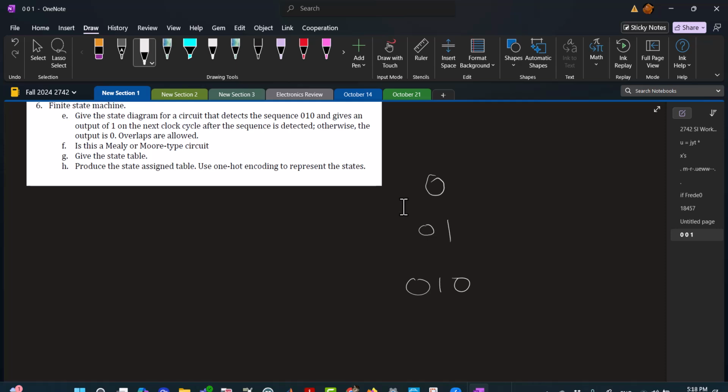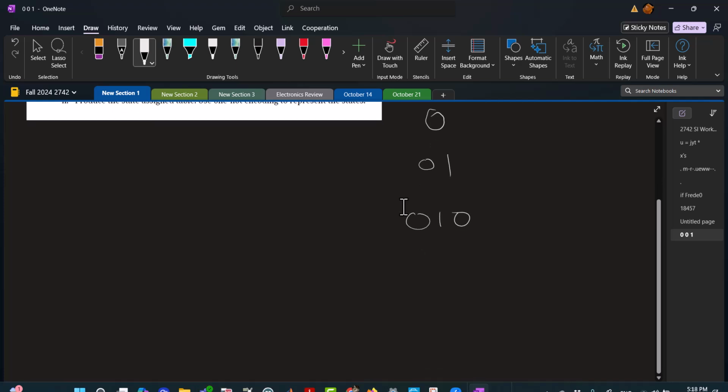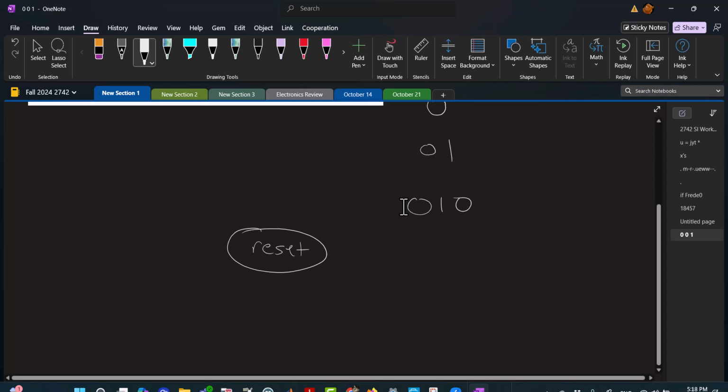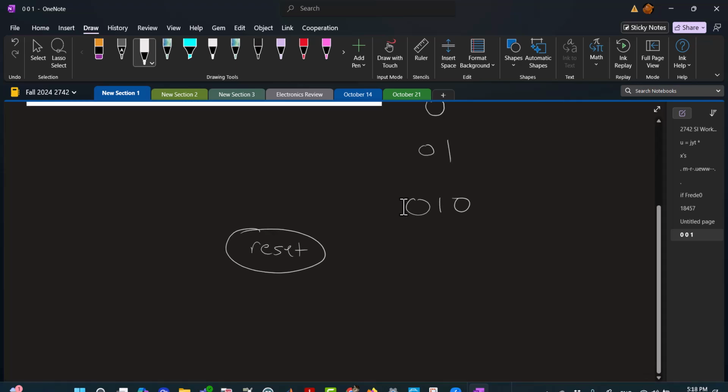and we can output a 1. And so you're always going to have your reset state, and we want to think about from our reset state what happens if our input is a 1 and what happens if our input is a 0.